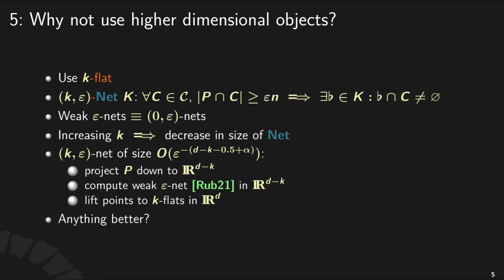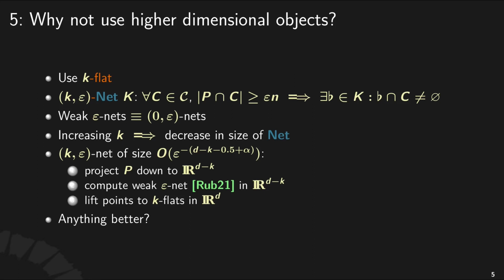And the regular weak epsilon net corresponds to 0-flat epsilon nets, essentially. The intuition is that as you increase k, you're making your knife bigger and bigger, and it should be easier to stab the convex body, so you expect the net to be smaller.